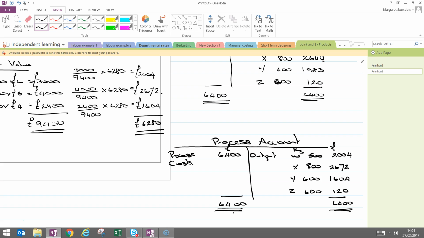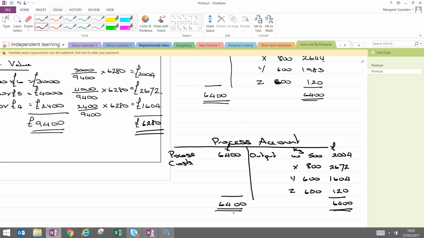One other thing to note is that with joint and byproducts, all the cost is attributed to the output only. So therefore, if you have an abnormal loss or an abnormal gain, it will have no value. Now I know this is not what we've done before. When we've had a cost per unit, we've valued the abnormal loss and the abnormal gain at that cost per unit.